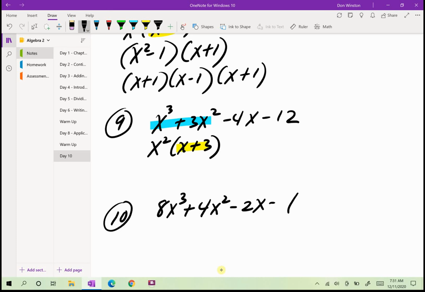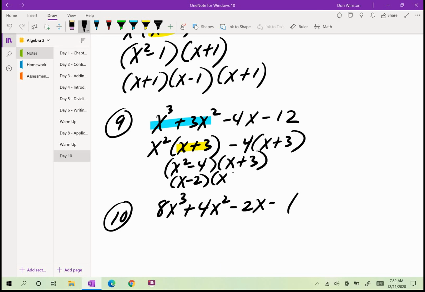So I'll write x plus 3 over here. And so what I need to multiply to give me negative 4x minus 12, well, that would be negative 4. And so then I'll factor x squared minus 4 times x plus 3. And when I factor this, it would be x minus 2 times x plus 2, because that's the difference of squares, times x plus 3. Okay.